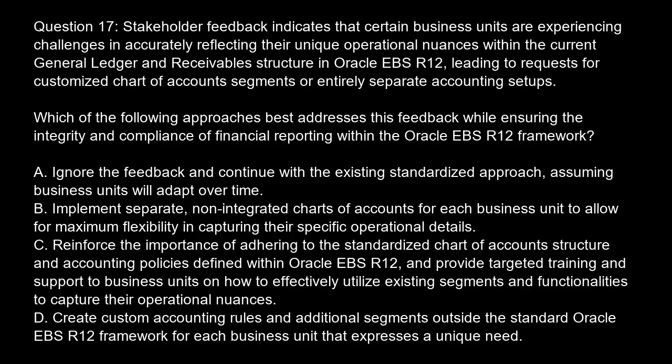Option C. Reinforce the importance of adhering to the standardized chart of account structure and accounting policies defined within Oracle EBS R12, and provide targeted training and support to business units on how to effectively utilize existing segments and functionalities to capture their operational nuances. Option D. Create custom accounting rules and additional segments outside the standard Oracle EBS R12 framework for each business unit that expresses a unique need.